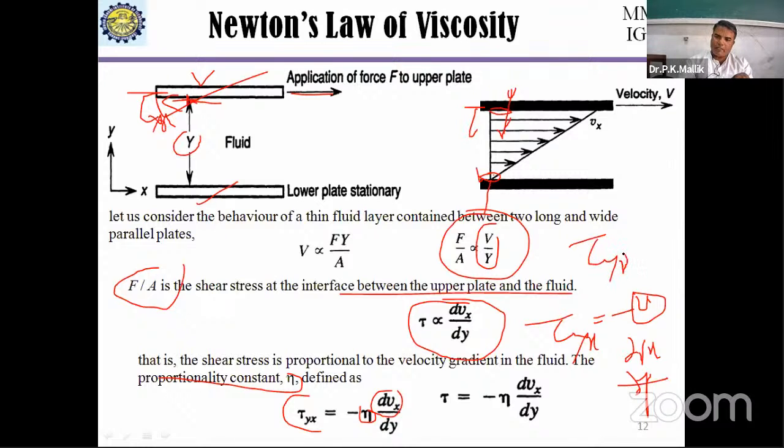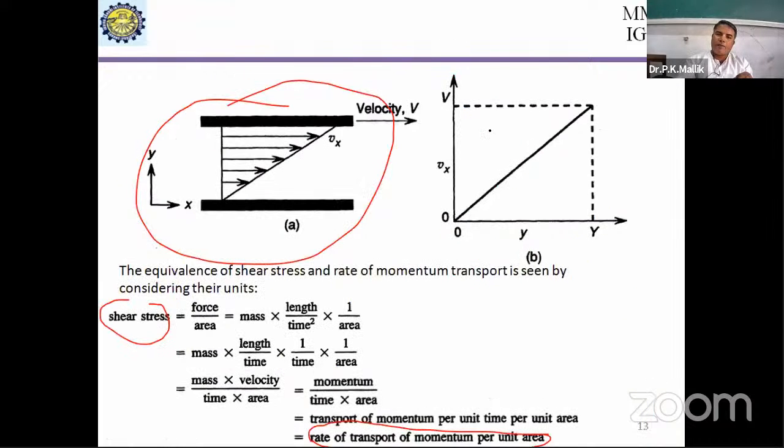This tau yx indicates the rate of transport of momentum in the y direction due to the fluid motion in the x direction. That is how to prove Newton's law of viscosity.